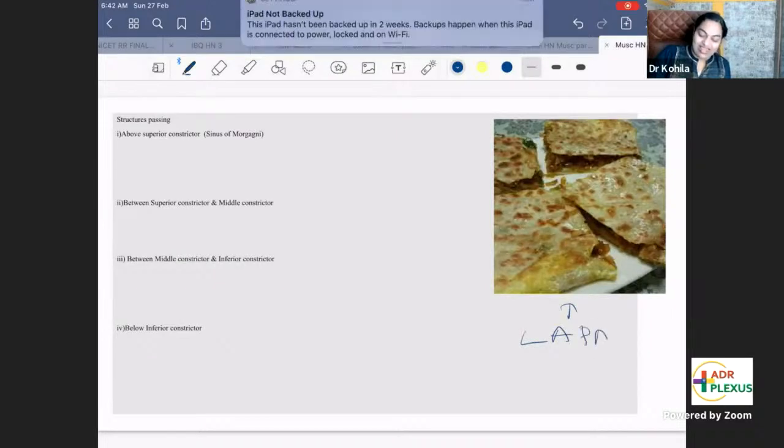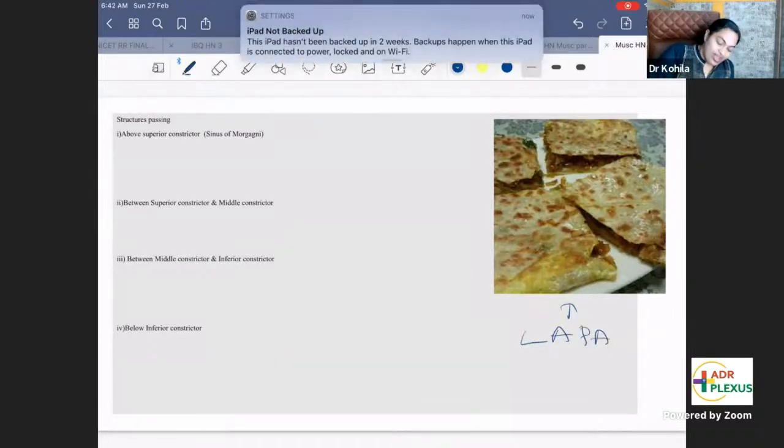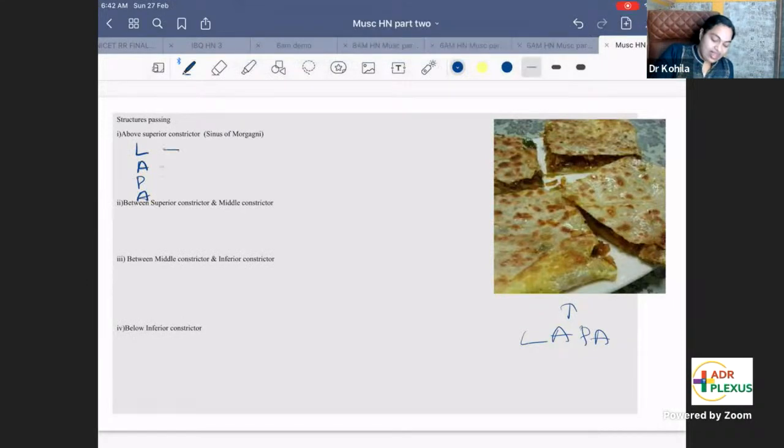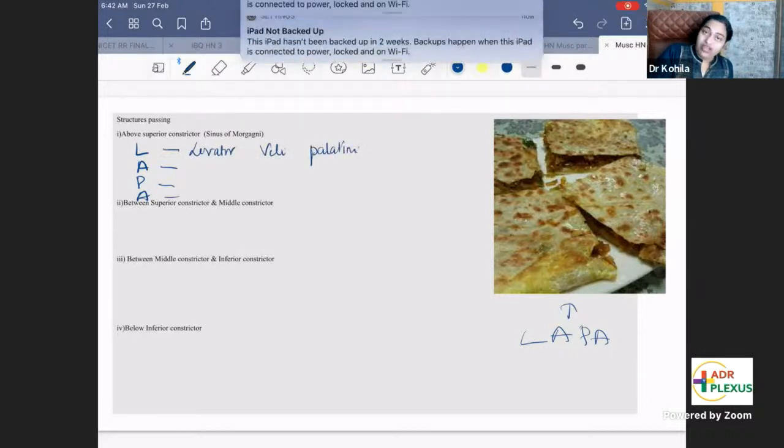Yeah, Vignesh, LAPA. Okay, so above the superior constrictor, the structures passing through are LAPA. Levator veli palatini. What is A? Auditory tube. What is P?